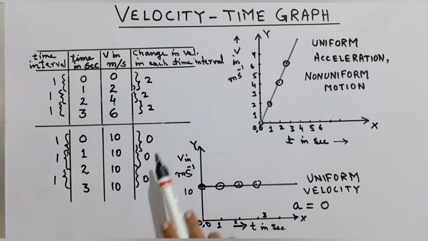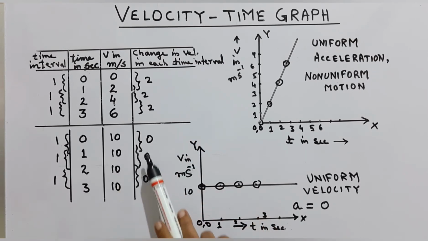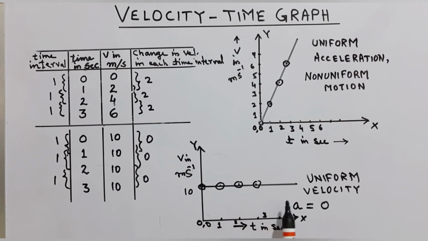So the change in velocity in all the time intervals is 0. The body travels with a uniform velocity of 10 meters per second, and since there is no change in velocity, the object has an acceleration equal to 0.